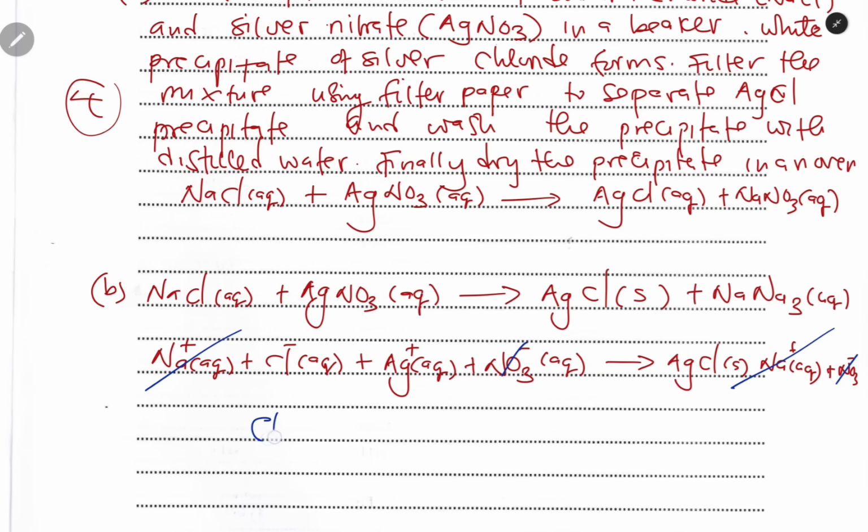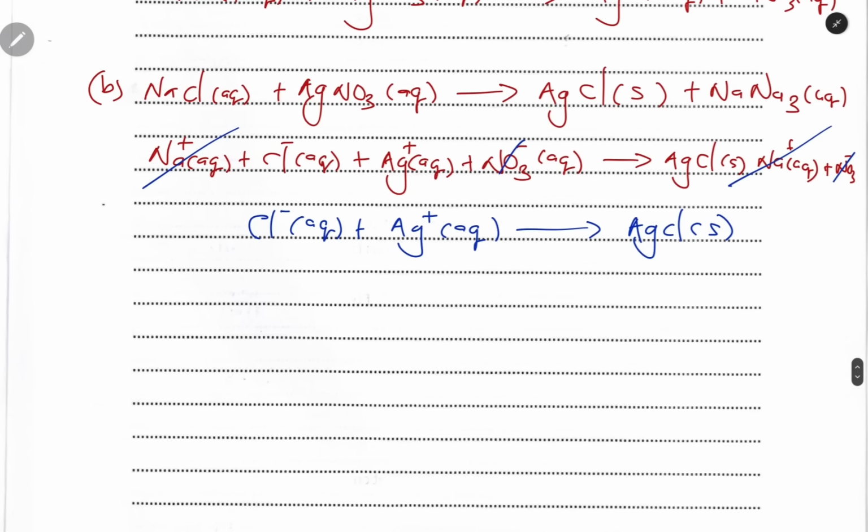What remains is chloride ion, aqueous, plus Ag ion, aqueous, resulting in silver chloride, which is the solid. So this is the net ionic equation.